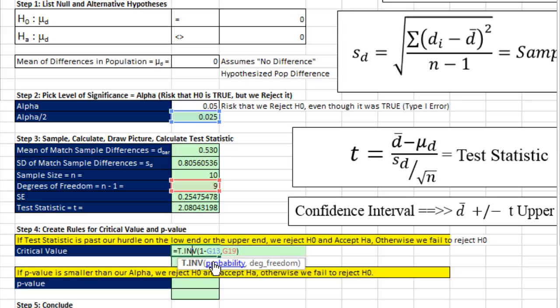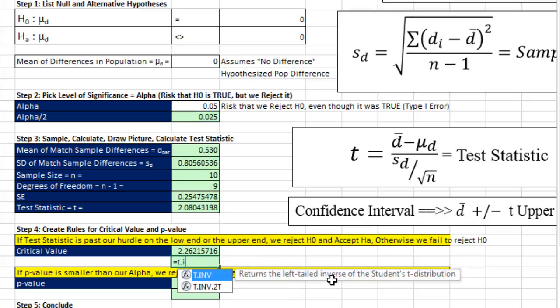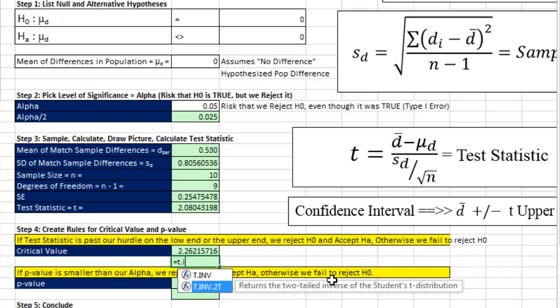Now, I did it this way, and I really like this way because it's consistent. We've used the inverse and the DIST functions throughout this whole class. But we could get fancy and use equals T.INV.2T.